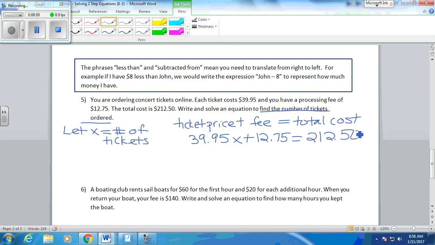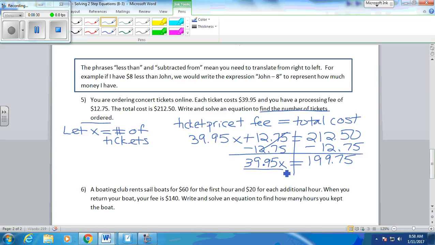I then go through and solve the equation. So I'm going to subtract $12.75. Leaves me with $39.95x. And then I have $199.75.